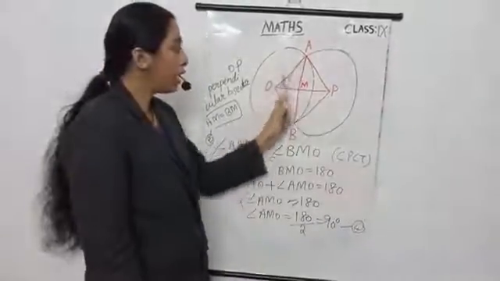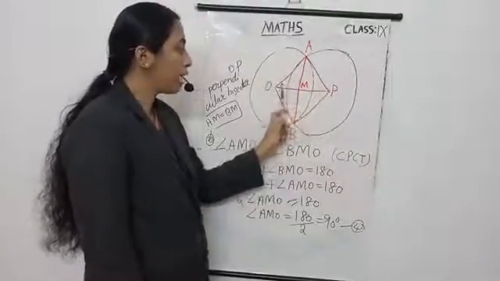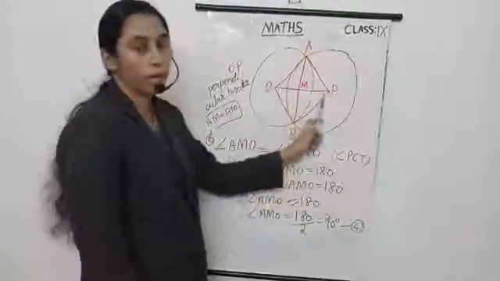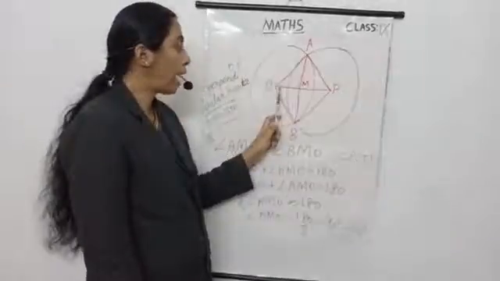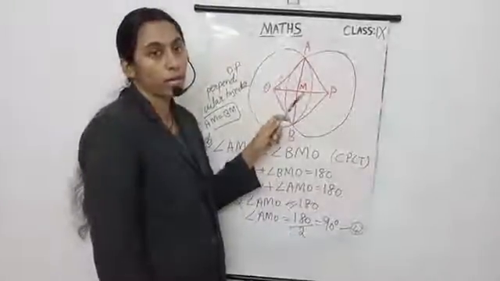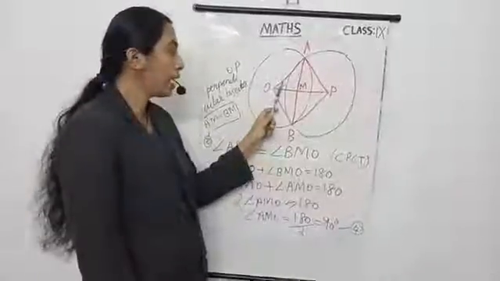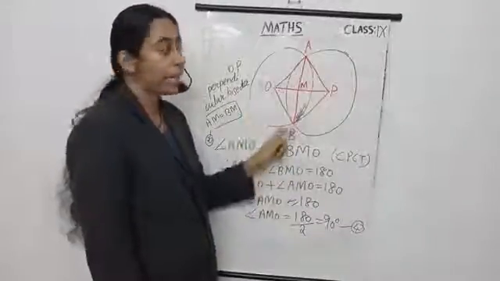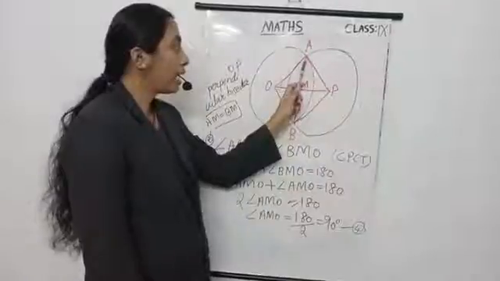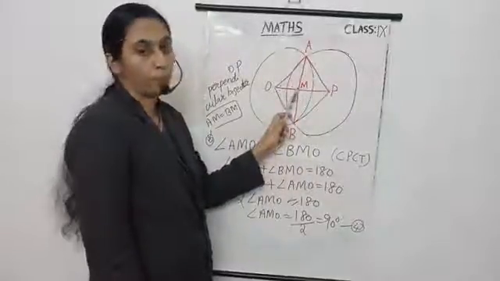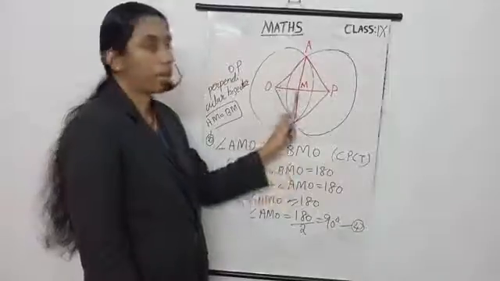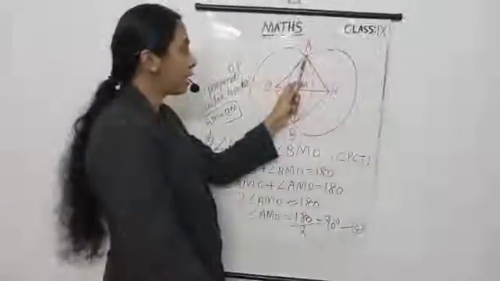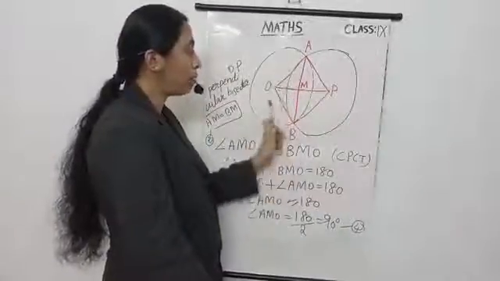Then angle AOP, this angle, and BOP, this angle, are equal because these two angles are corresponding parts of congruent triangles. From that we can say that angle AOM equals angle BOM.